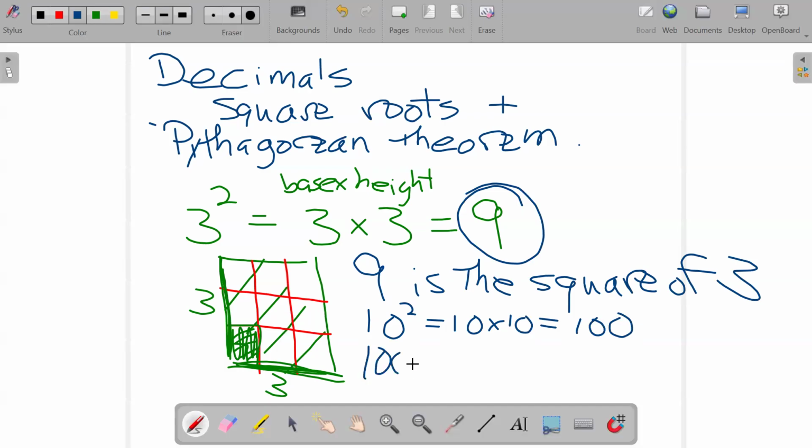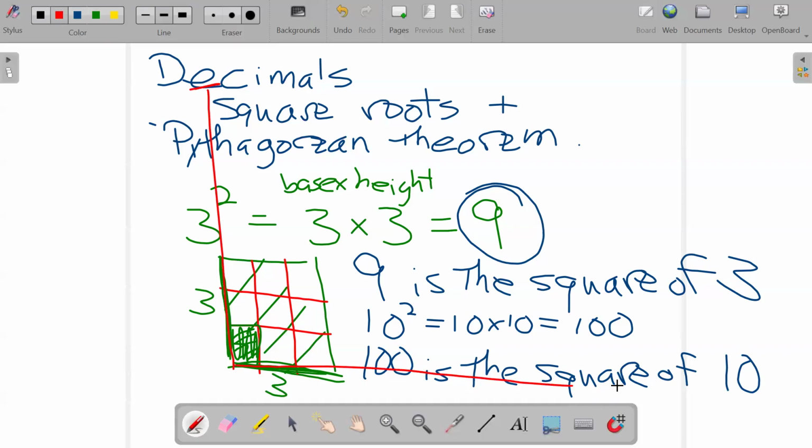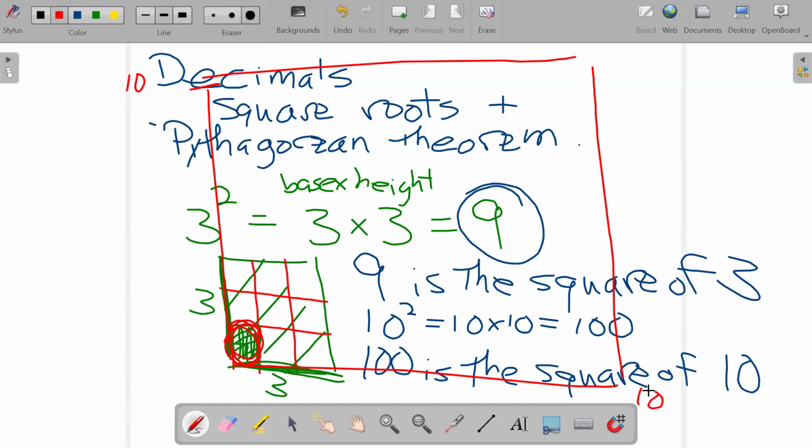So we could say 100 is the square of 10, because we literally have a square that measures 10 units by 10 units. I don't know if I can quite fit that on my screen here, but if that's 3, 10 is probably way up there and way over there. There would be 100 squares that size inside if this were 10 by 10.